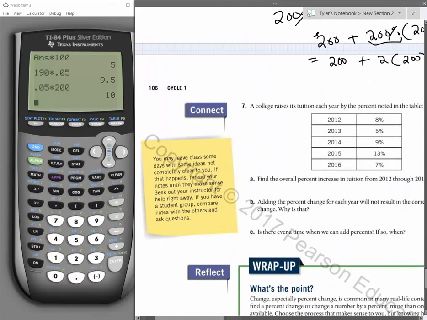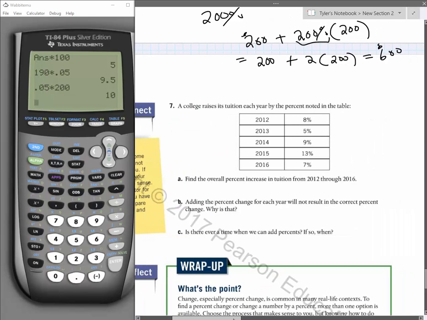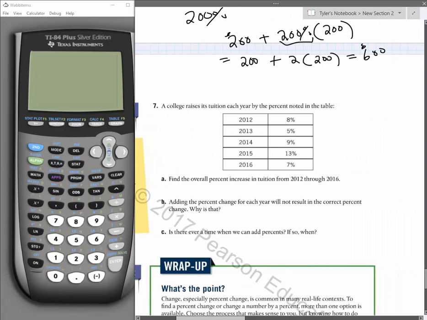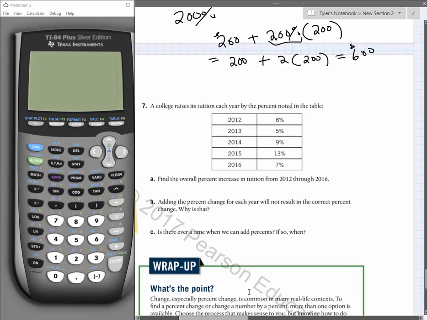All right, so we have one last question here. It says a college raises tuition each year by the percent noted in the table. We have given years and the percent increase, and we want to find the overall percent increase in tuition from 2012 through 2016.